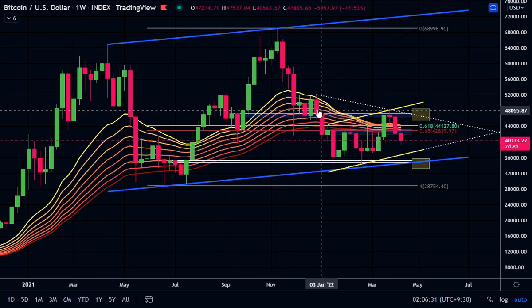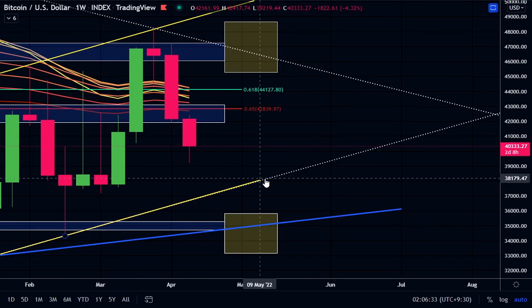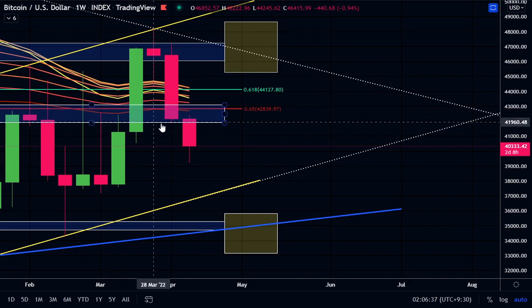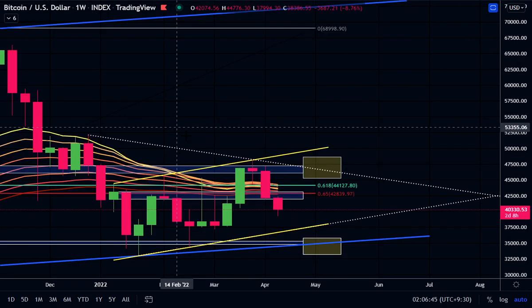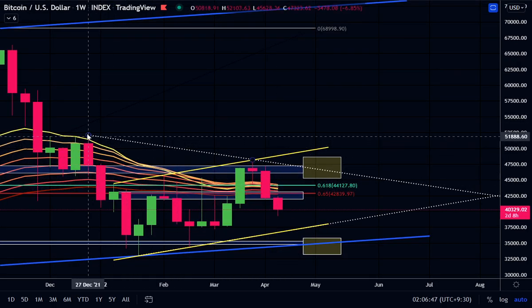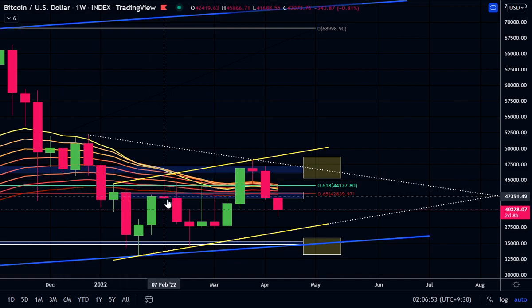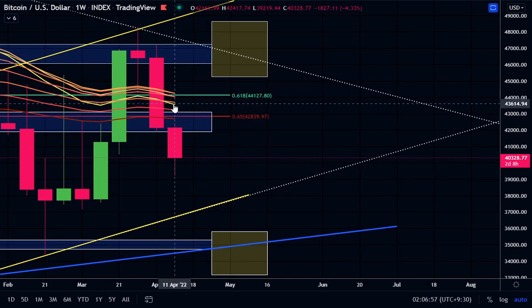Looking at the weekly EMA ribbon now, we did close below this ribbon with the previous week candle, so that is bearish. This ribbon is still trying to flip, with the yellow smaller moving average coming down and eventually crossing the red higher moving average. You can see it starting to come down here.